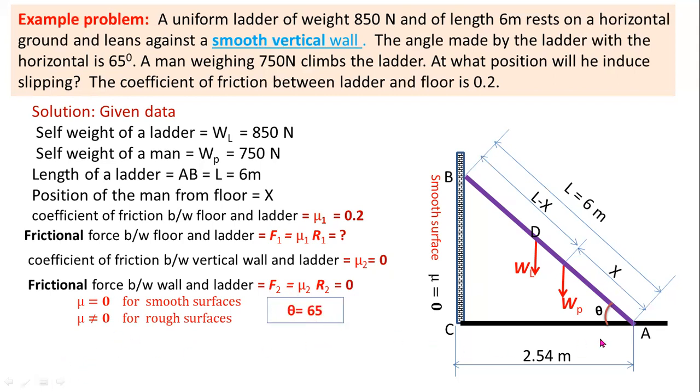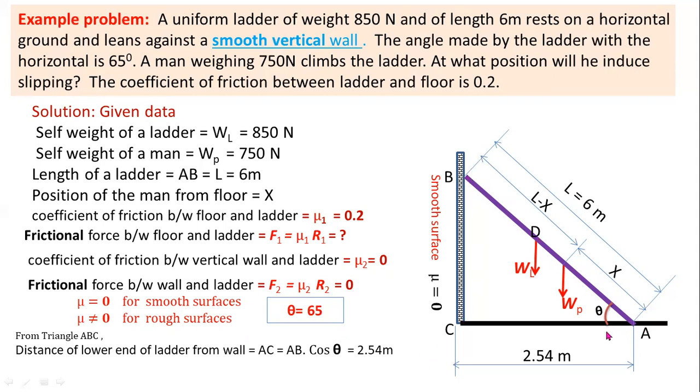Now the angle of inclination of the ladder with respect to the floor is given, that is theta equal to 65 degrees. From the diagram you can observe the triangle ABC. This is a right angle triangle.